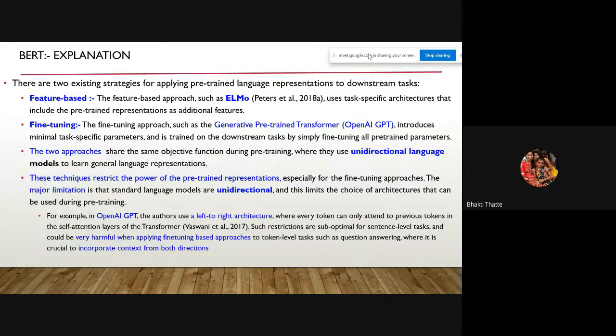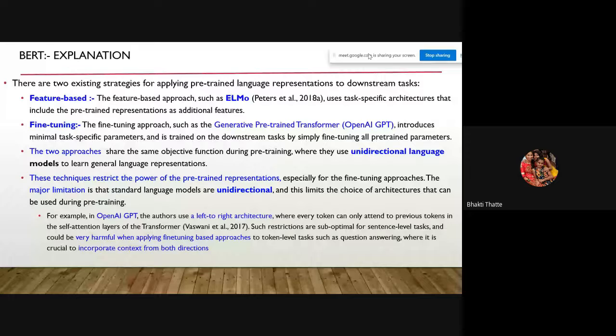Whereas for fine-tuning, for example, GPT is a fine-tuning approach, and it takes very minimal task-specific parameters and fine-tunes all pre-trained parameters to the downstream task.